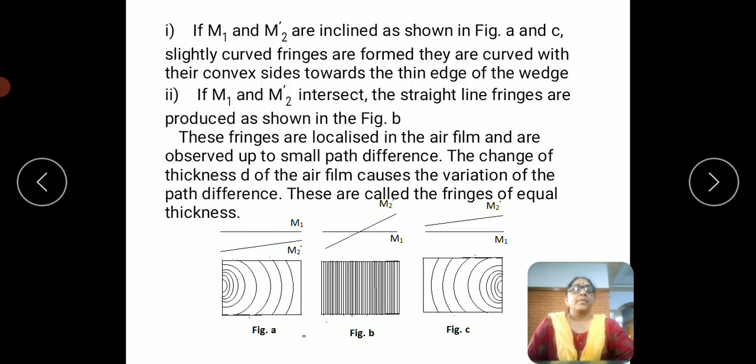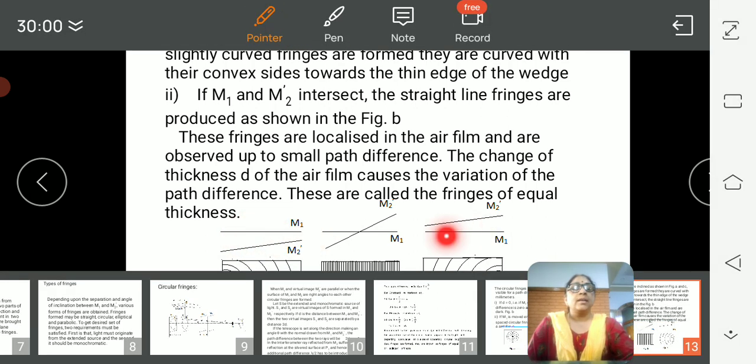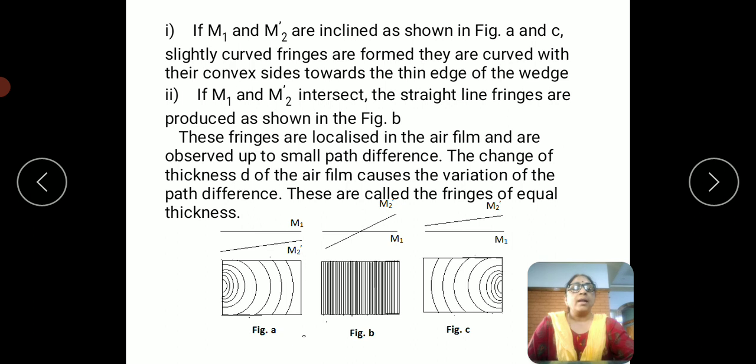If M1 and M2 dash are inclined as shown in figures A and C, then these encircled ring-like fringes are obtained. Curved fringes with the convex side towards the thin edge of the wedge are obtained.